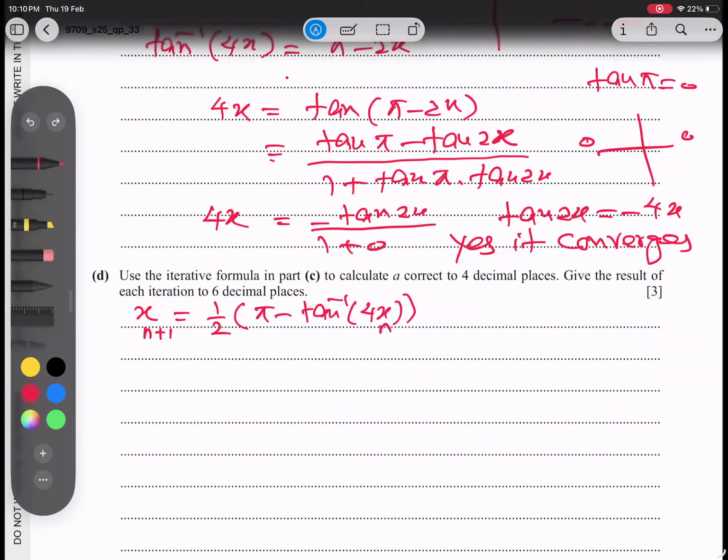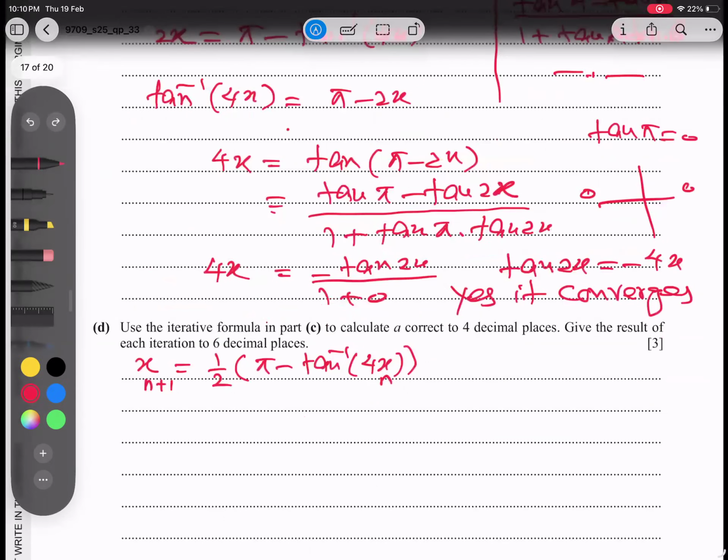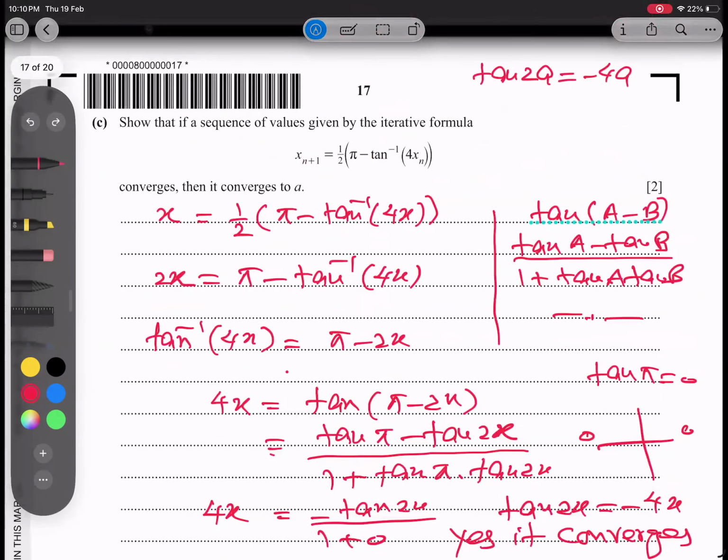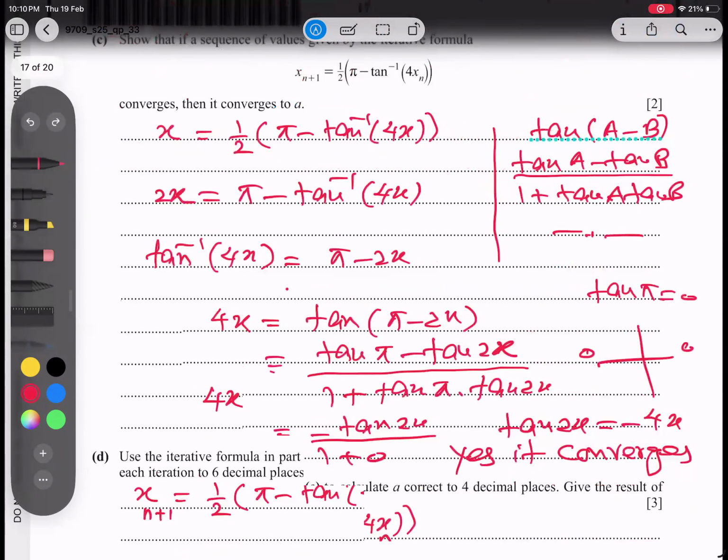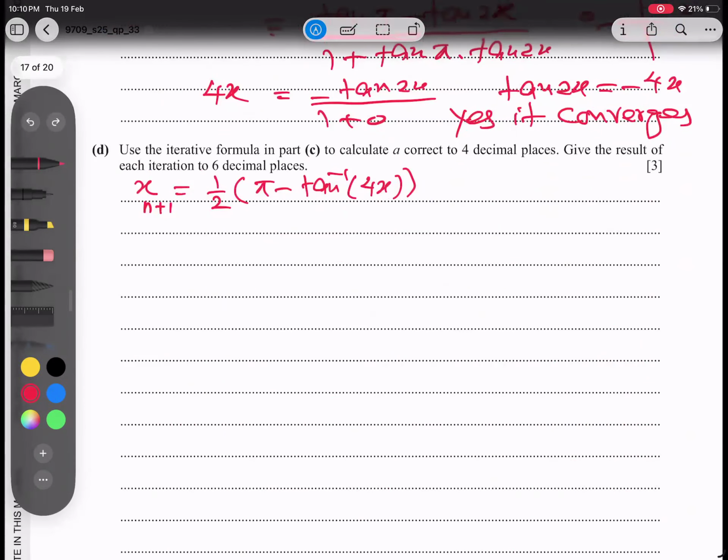No. Whenever an initial value is not given, then you take the average of these two numbers, 0.9 and 0.95. So when I divide by 2, I will get the initial value 0.925. You can check in the calculator.